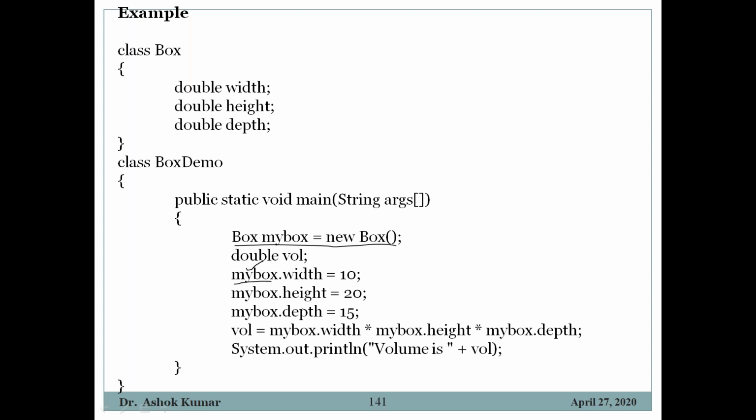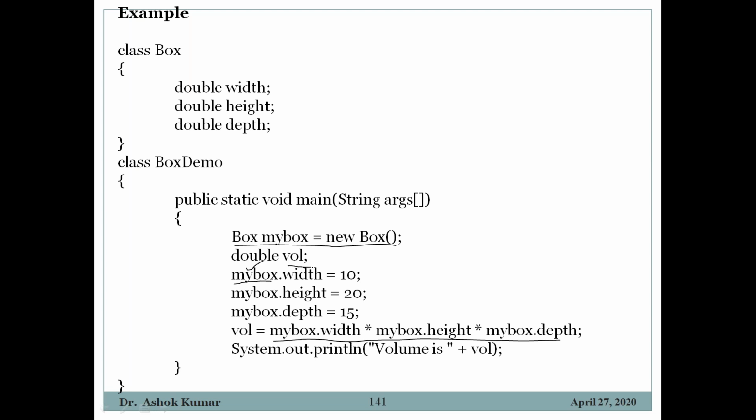So after that, we are finding the volume in the next line. And how we can find the volume, you will just multiply width, height, and depth of my box. So in the next line we are multiplying depth, height, and width, and the result that we get from this expression, we are assigning to the variable volume.